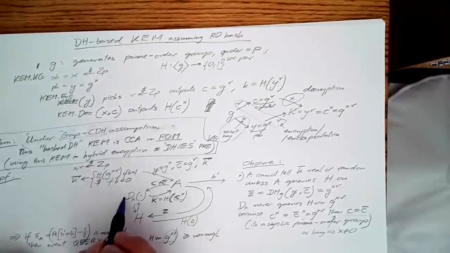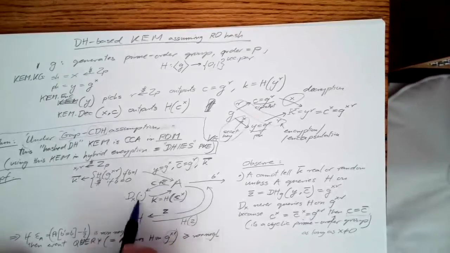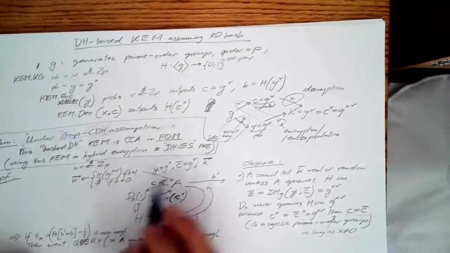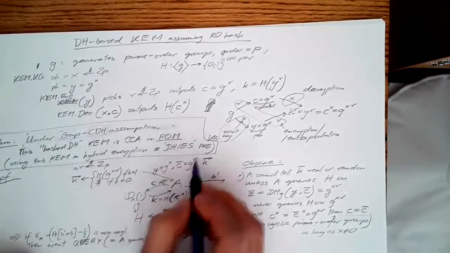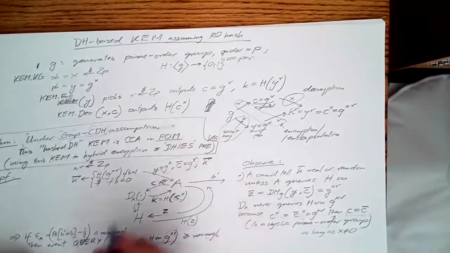However, the problem is here, obviously, right? The adversary also queries the decryption, and this oracle needs to have the private key. The reduction, which gets the Diffie-Hellman challenge, cannot know the discrete logs of the challenge.